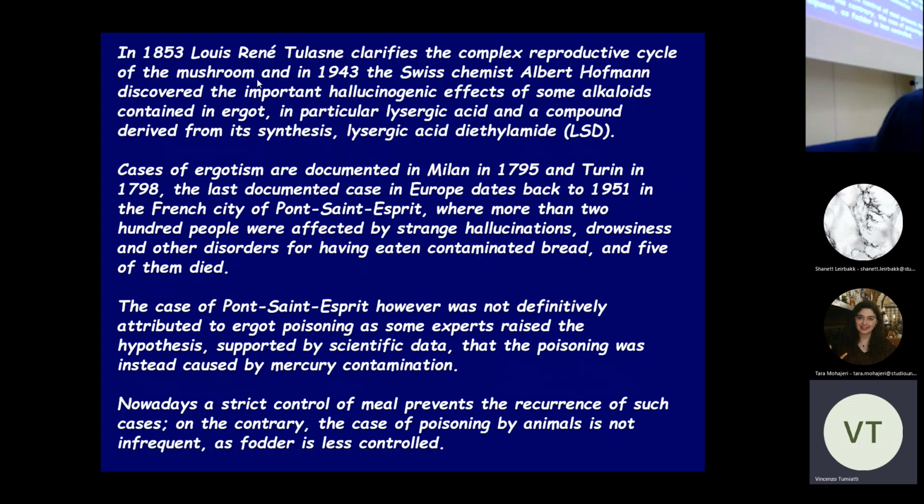The intoxication from these products can be found also recently. You see, during the 19th century, and in 1953, the Swiss chemist Albert Hofmann, a very famous chemist, discovered the importance of these alkaloids.